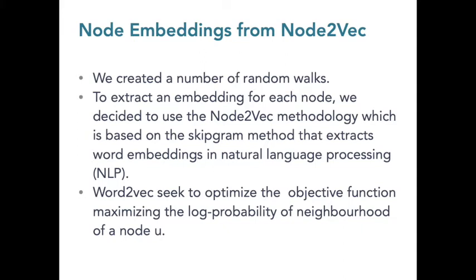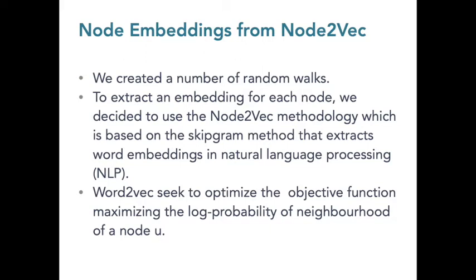The word2vec algorithm is also used by the node2vec algorithm, and the word2vec algorithm also uses the skipgram method as well. The node2vec algorithm treats each node in the graph as a word, and as a result, instead of taking the context words for a word, it finds the context, the neighborhood nodes for a given node.